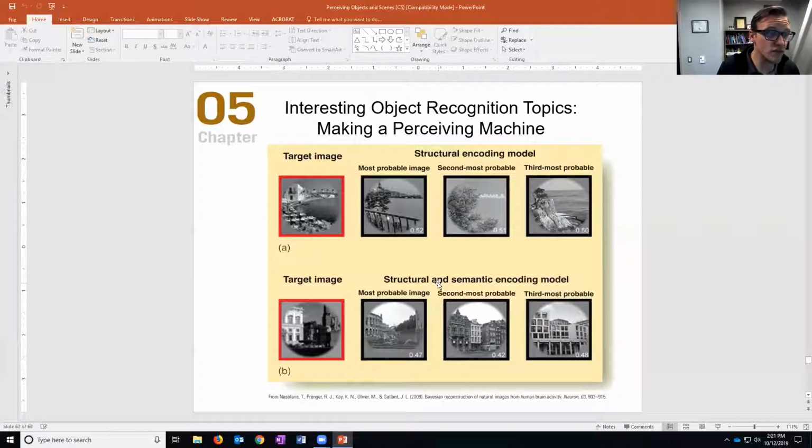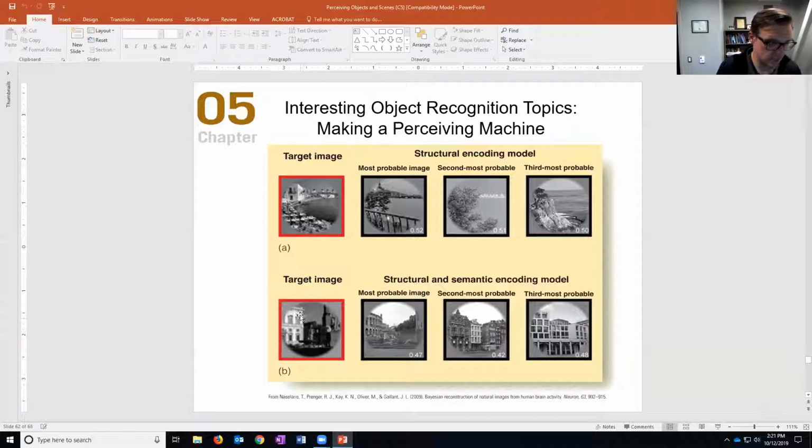If we have the program instead try to guess the target image based on both structure and semantic features, there's the structure here, where you have a different colored area, areas up here that seem to be closer, and part of the lower part of the scene is brighter than others.